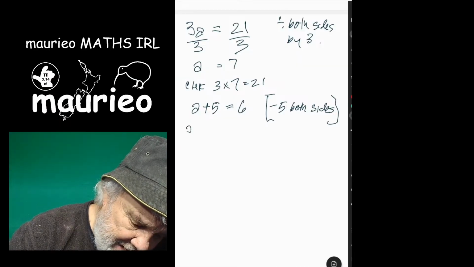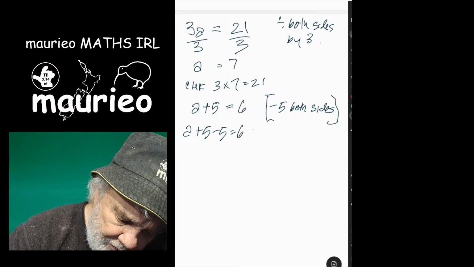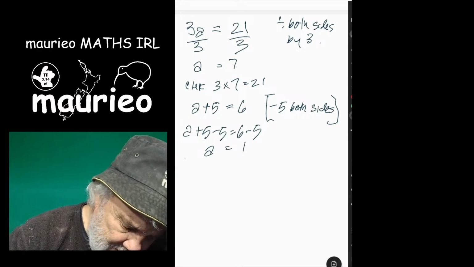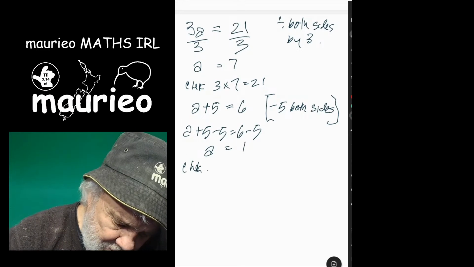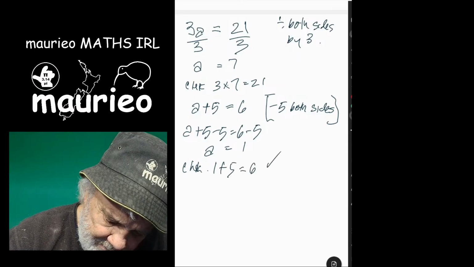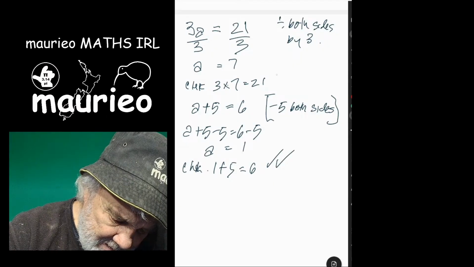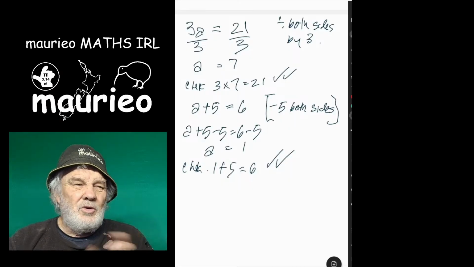We get a plus 5 minus 5 equals 6 minus 5. A equals 1. Check: 1 plus 5 equals 6. Yep, that one there's all good. So we can do those 2 simple ones.